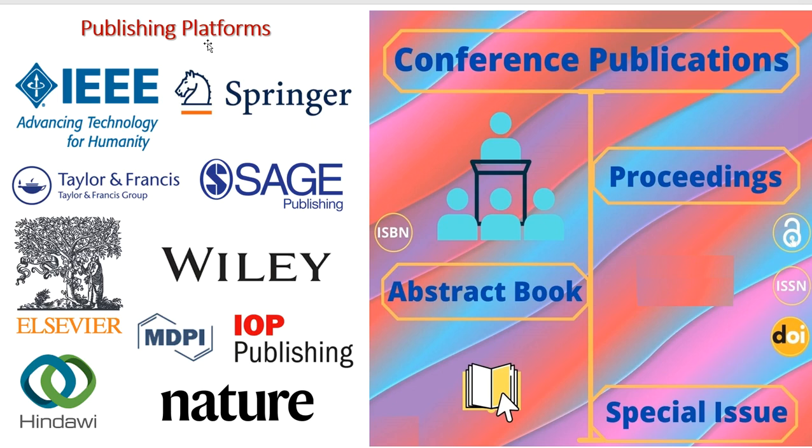Next, the publication platforms are already there. If you want to publish your paper in a conference, the conference structure will be published according to various factors. If the organizers plan to publish your paper through conference publication, it can be a conference proceeding, a book, an abstract book, or a special issue.